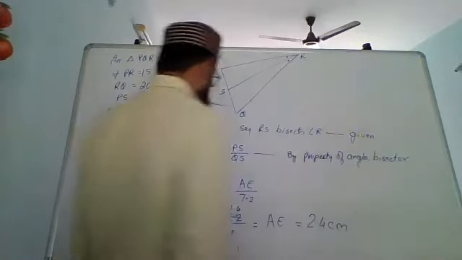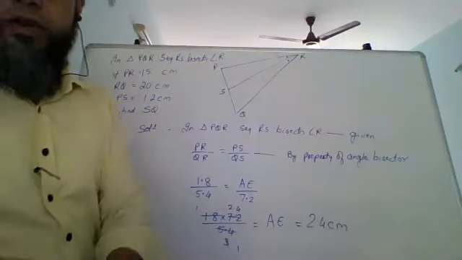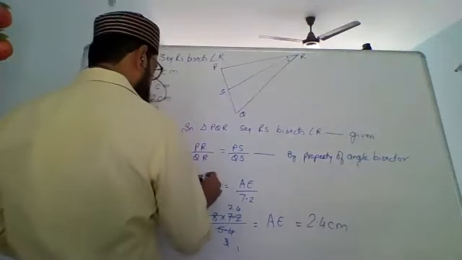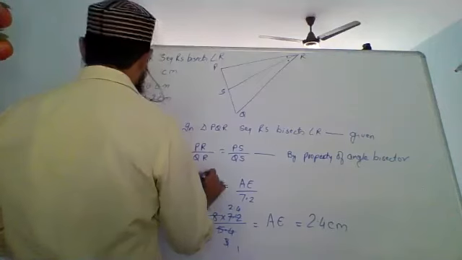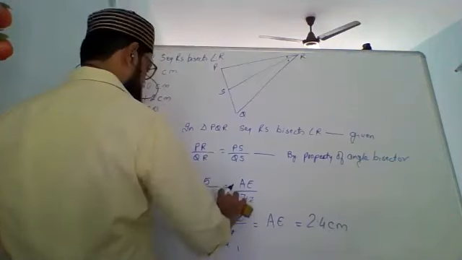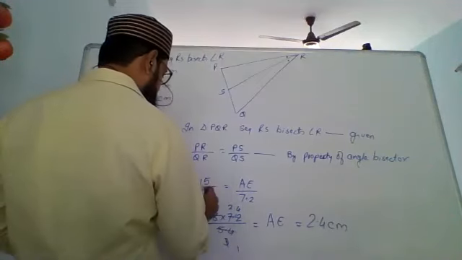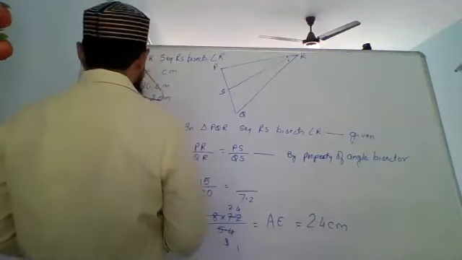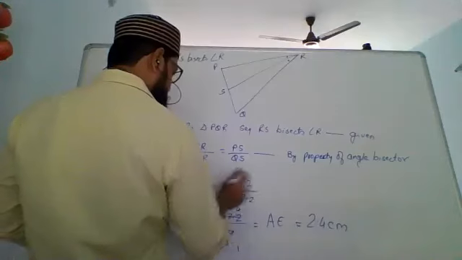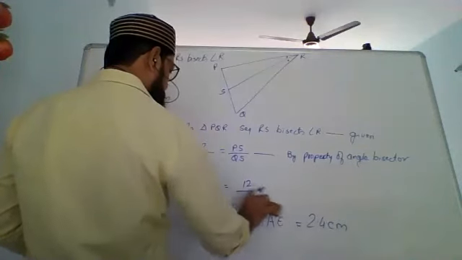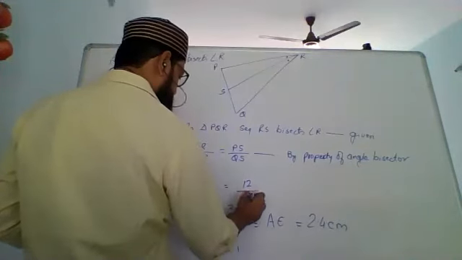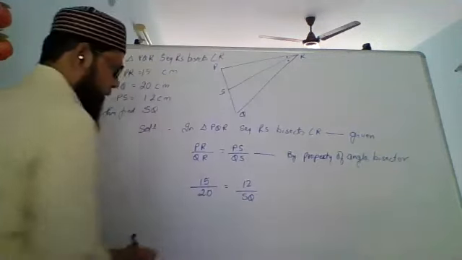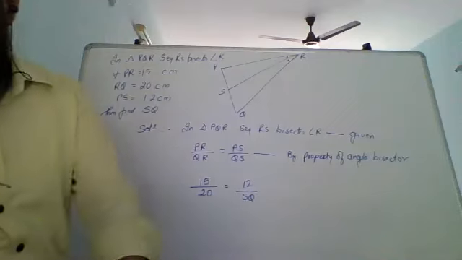By property of angle bisector. The values are given, we just have to substitute. PR is 15, QR is 20, PS is 12, SQ or QS we have to find out. Okay, so 15 upon 20.